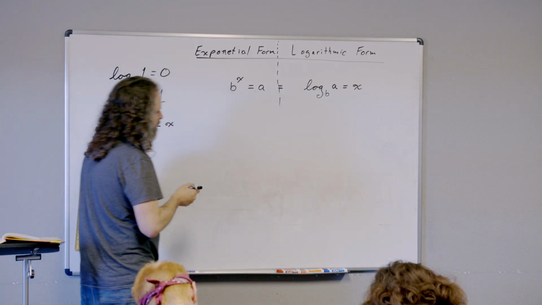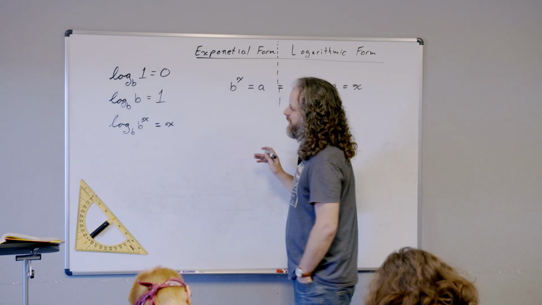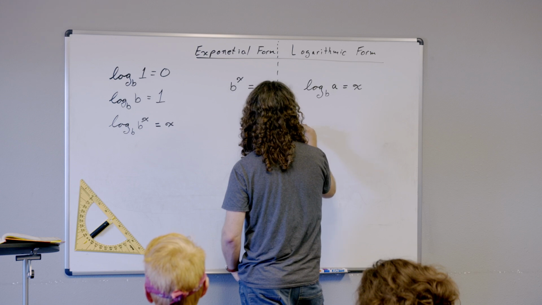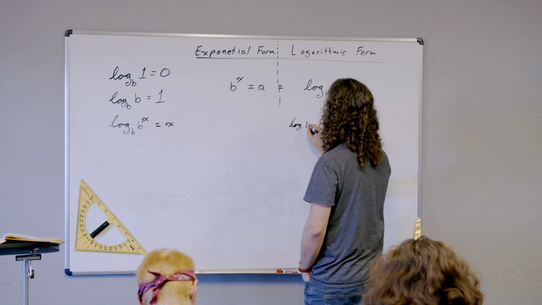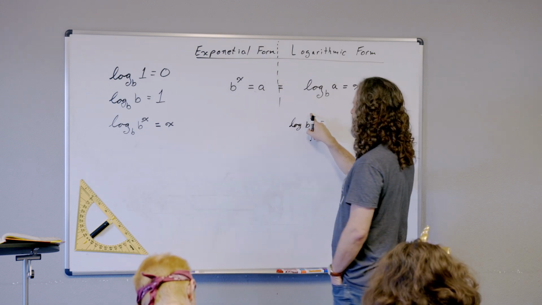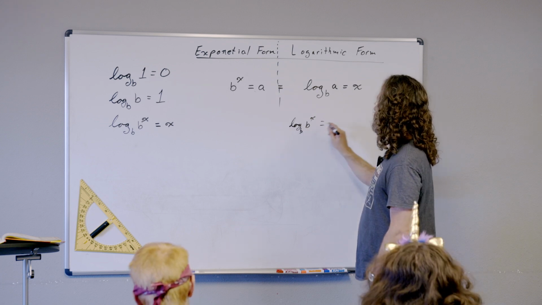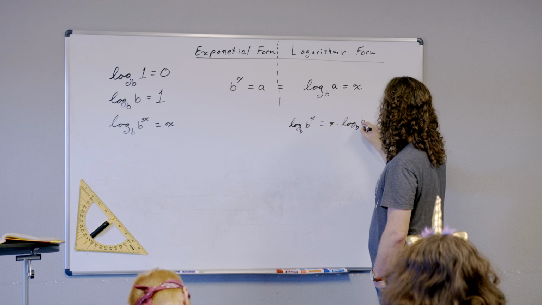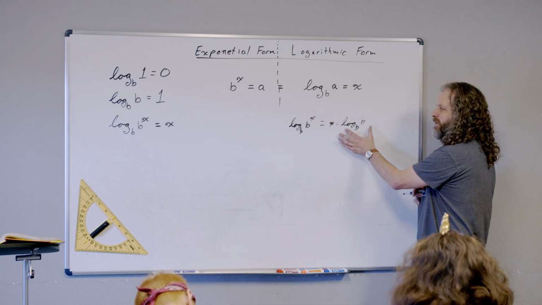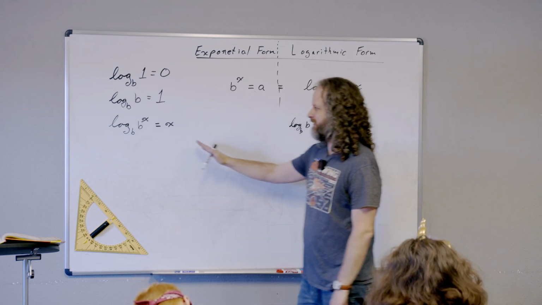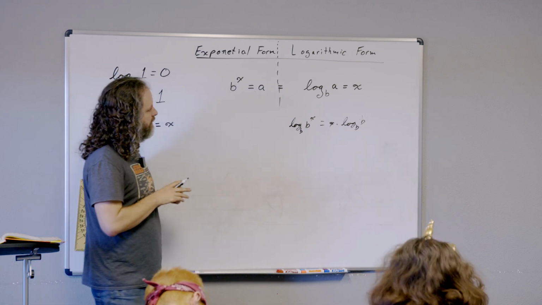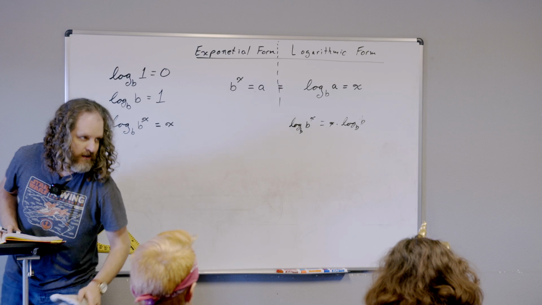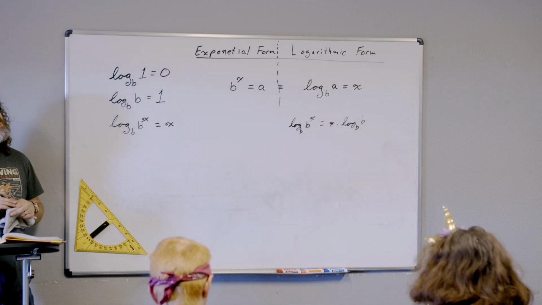You're going to be reminded of, or learn, a property that lets us, if we have the log, whatever the base, of b to the x, take this x and put it out to the front. So this turns into x times the log base b of b. And this is 1, so x times 1 is x. So that's why this one works. This will be in other notes too, so don't stress.